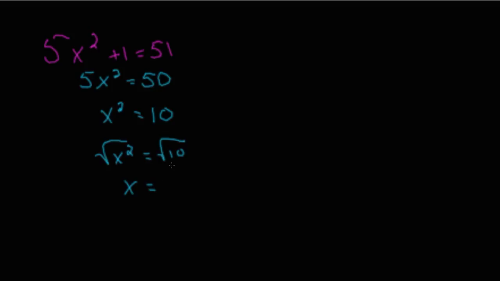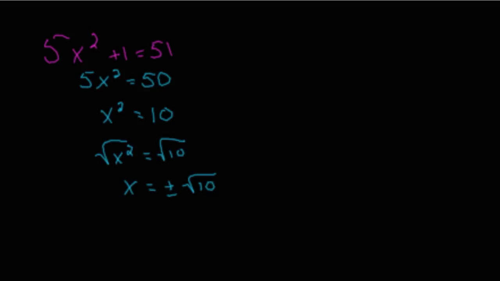Now for the square root of 10, we have to consider the possibility of when that's positive or negative. It'll be the positive or a negative square root of 10, because a positive square root of 10 times a positive square root of 10 will give us 10, and a negative square root of 10 times a negative square root of 10 will also give us 10.